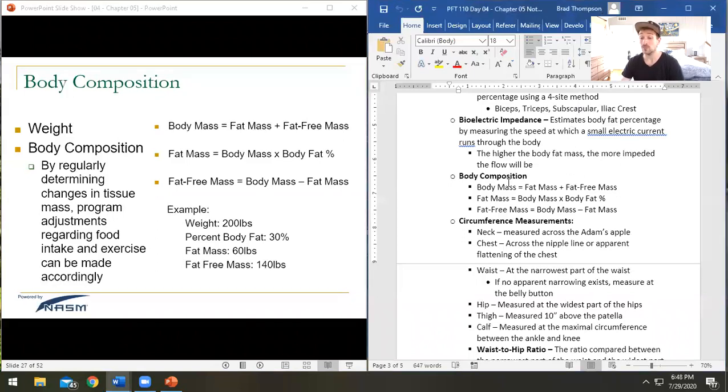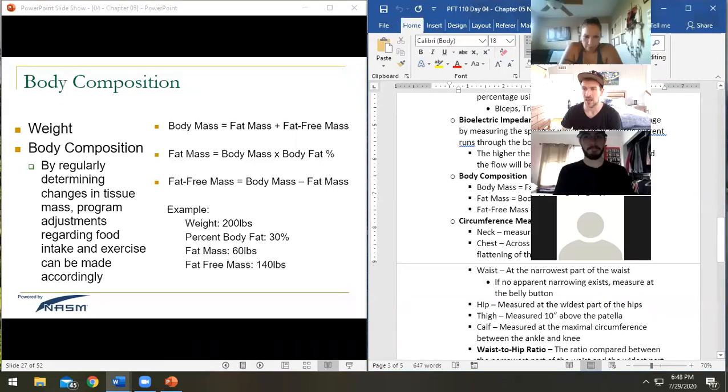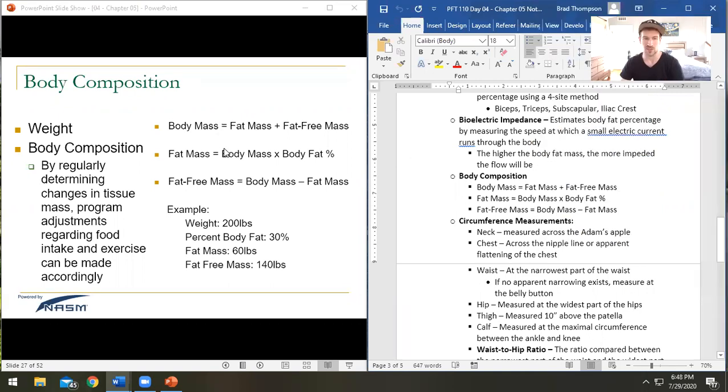All right, so now when you are calculating body composition, we talked about this in I think our nutrition class, or maybe it was in physiology. But when you are calculating the pounds of fat mass, right? You're going to do this by looking at overall body composition. So you've got your body mass, which is your weight, right? That is made up of your fat mass and your fat-free mass.